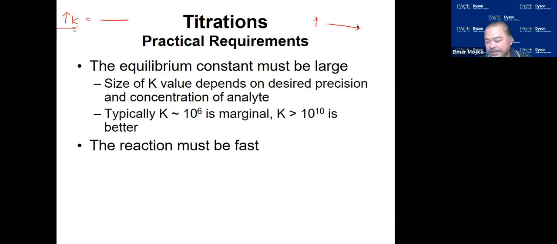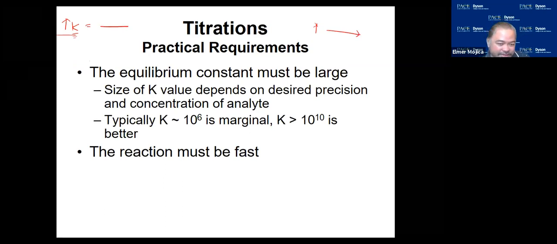Okay, and another thing is the reaction must be fast. Why do you need the reaction to be fast? Remember, practical requirements. So what's the use if it takes an hour for the reaction to take place?